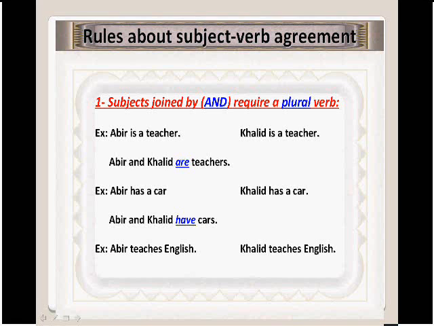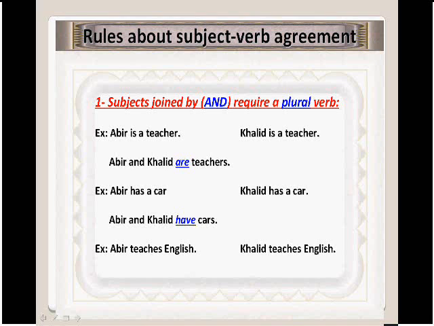Another example, Abir teaches English, Khalid teaches English. The subject here is Abir again, the verb teaches, and be careful that teaches took S, because this is a main verb, and when we say it's the present simple tense, we use S with the verb in the case of the singular.